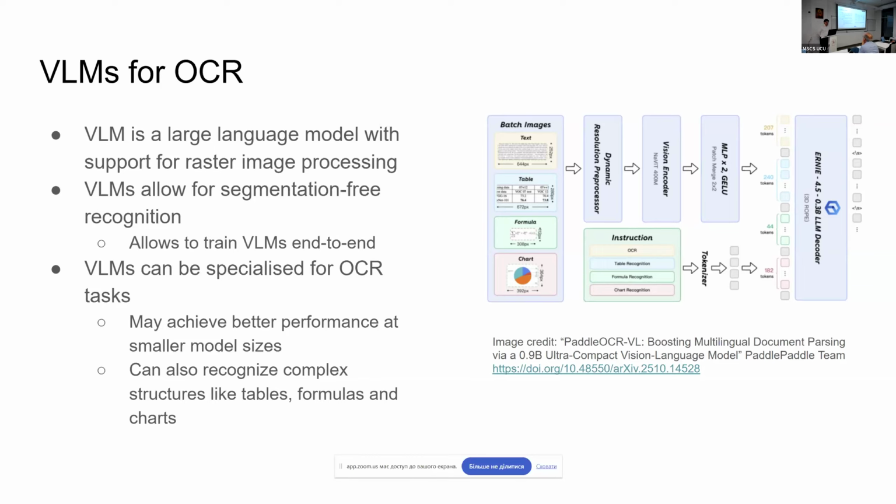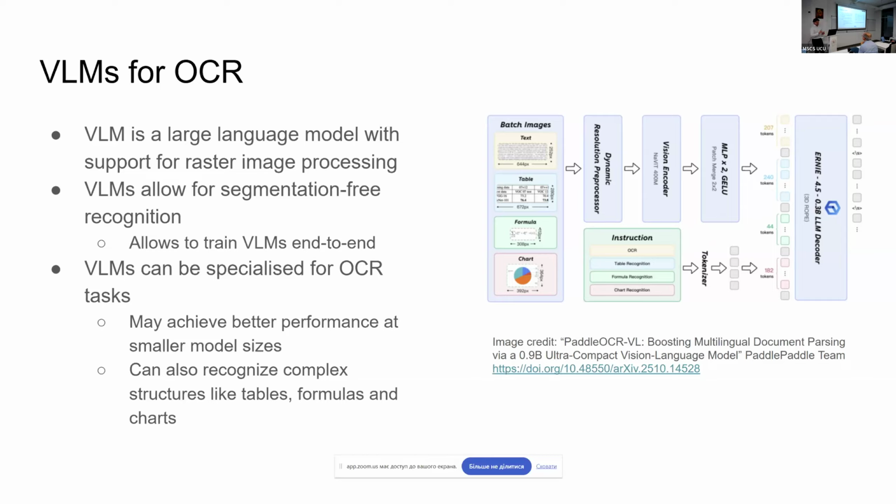Some VLMs can also be specialized for OCR tasks. There are many tricks that they use, and this allows them to achieve better performance than generic visual language models like ChatGPT or Gemma or Gemini by using much fewer parameters.